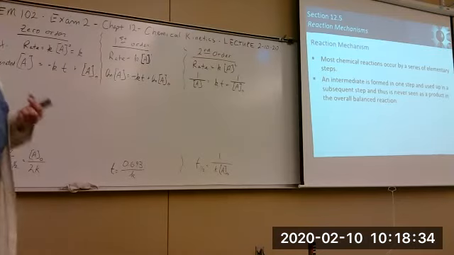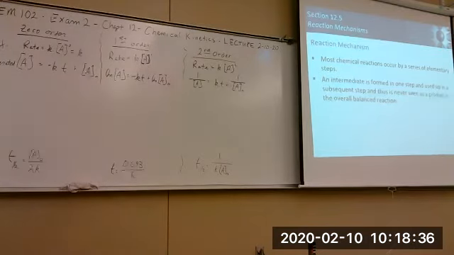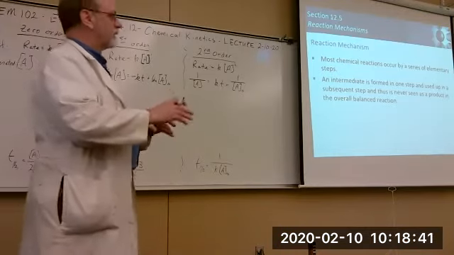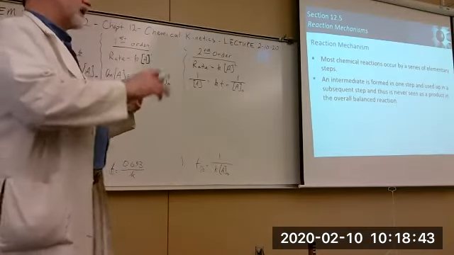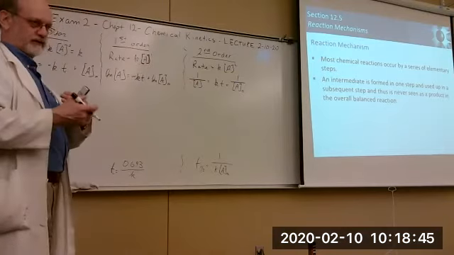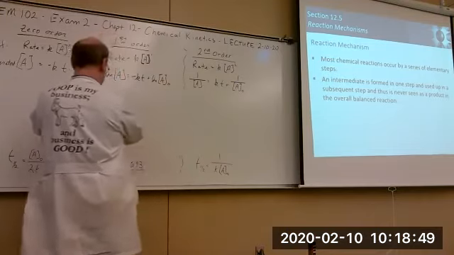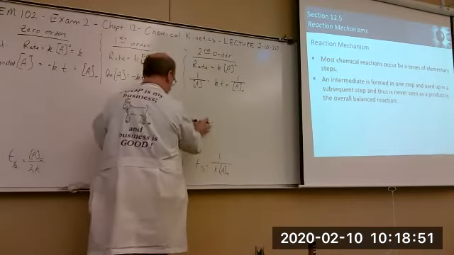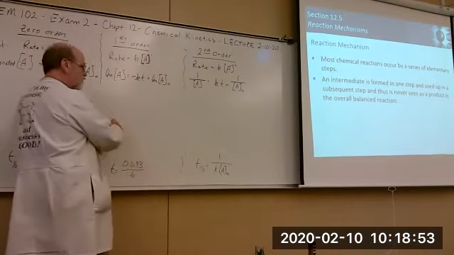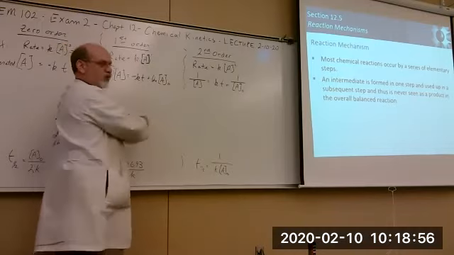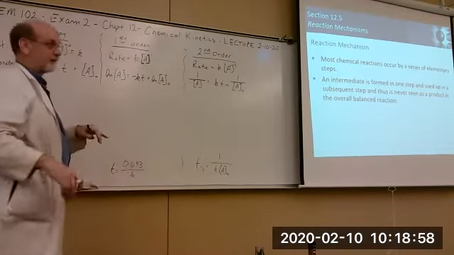Reaction mechanism. Like I said before, most reactions do not occur in a single step. Some of them do, I'll admit. But most of them occur as a series of elementary steps. That's what we call it. So the overall reaction expression, reactants yield products, is actually two or more elementary steps in between.